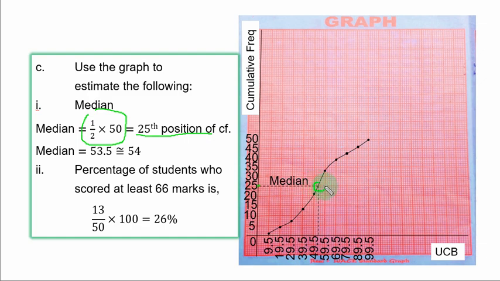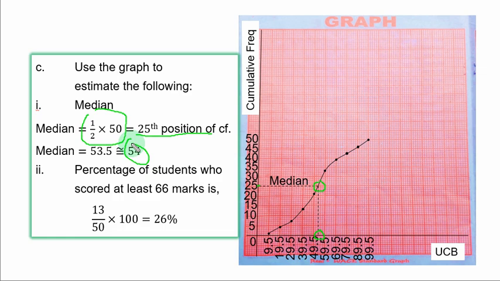This is the point of intersection, and you trace to the upper class boundary axis, and you have this point. Remember that one line here is 2, so after 49.5 you have 51.5 and 53.5. To the nearest whole number, you have 54 as the median.